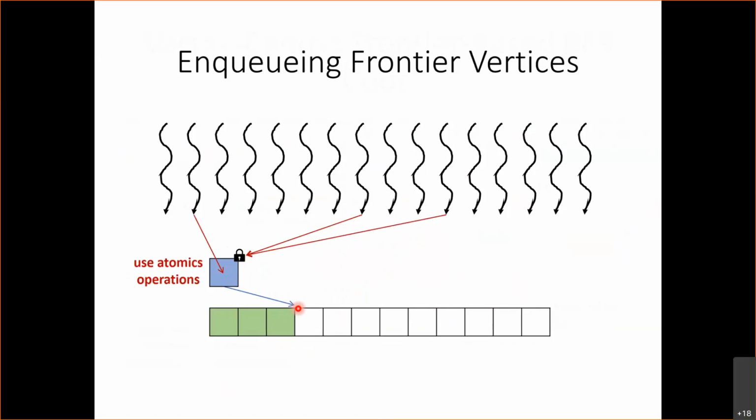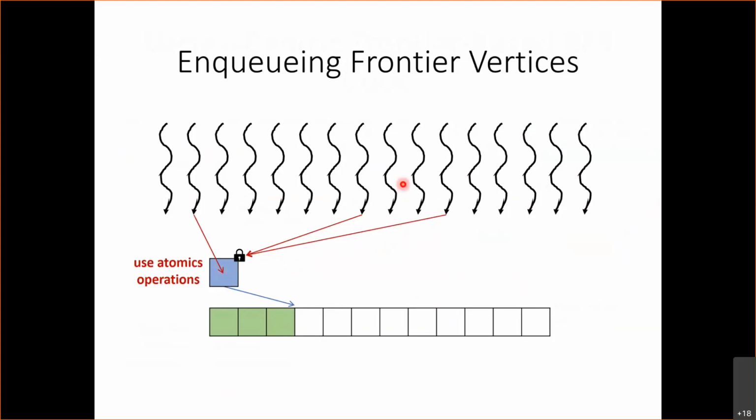Any optimizations that we can do? Think about what's going on here. Any optimizations we can perform? I have all these threads that are contending on this counter and doing an atomic operation.